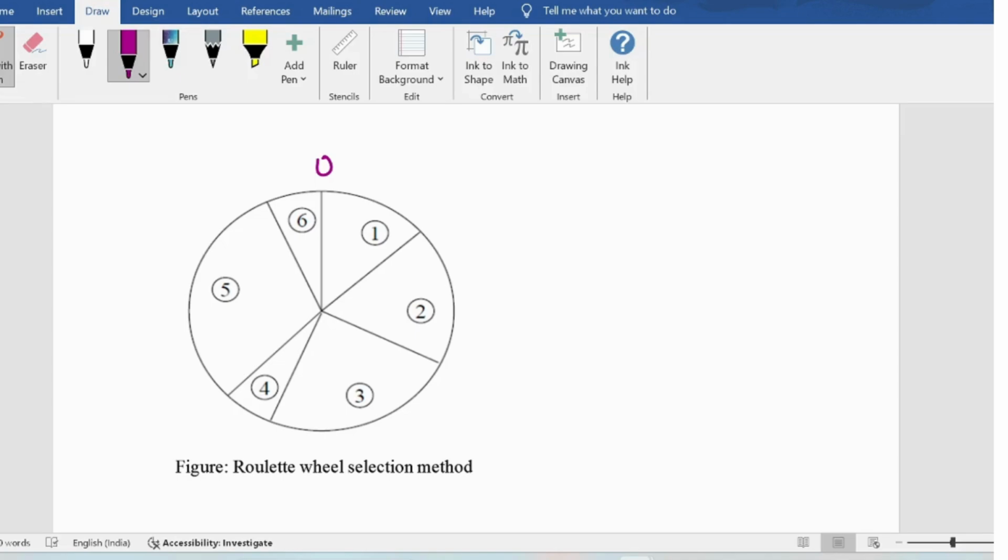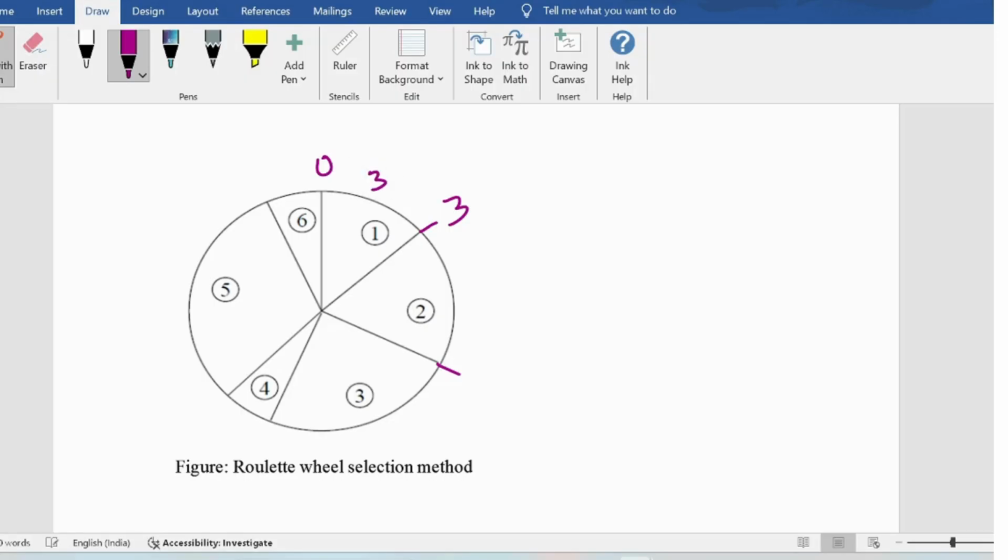I have put their fitness into some equation and calculated a value for each individual. For the first one I got the fitness value as 3. For the second one I got the fitness value as 4.